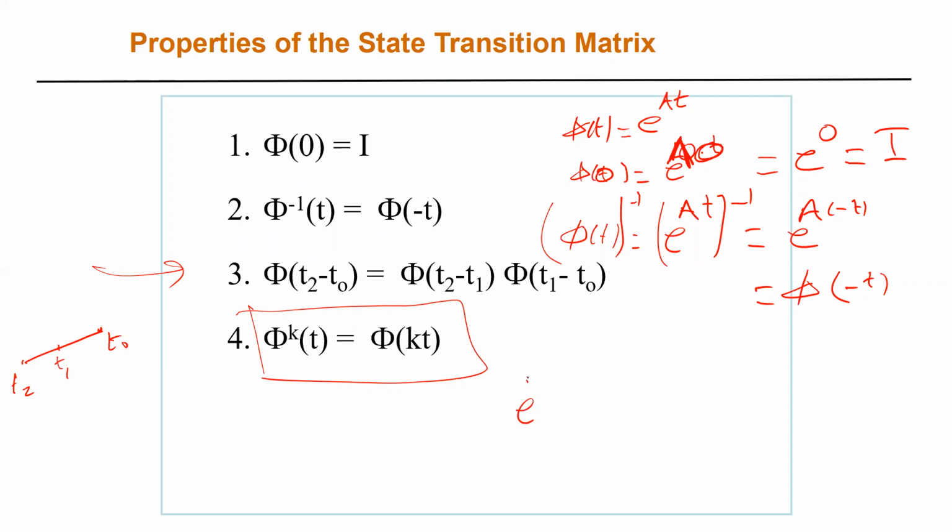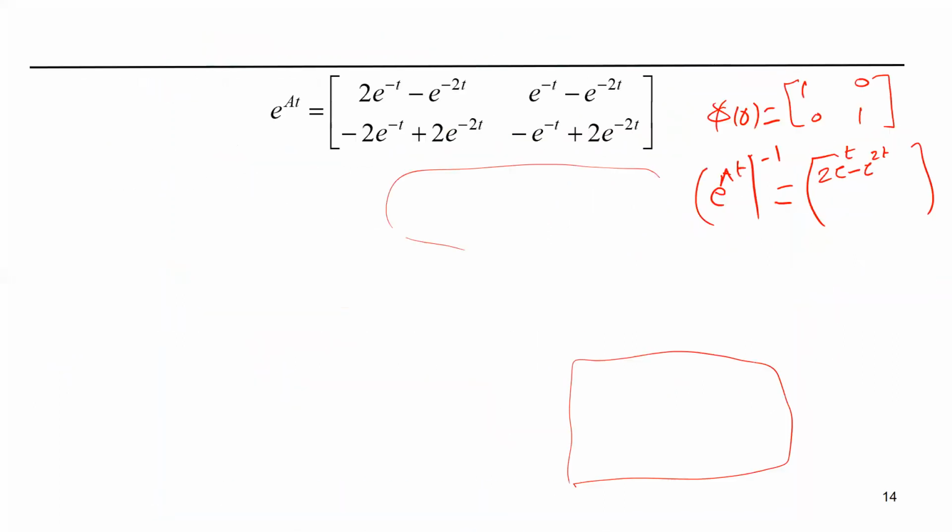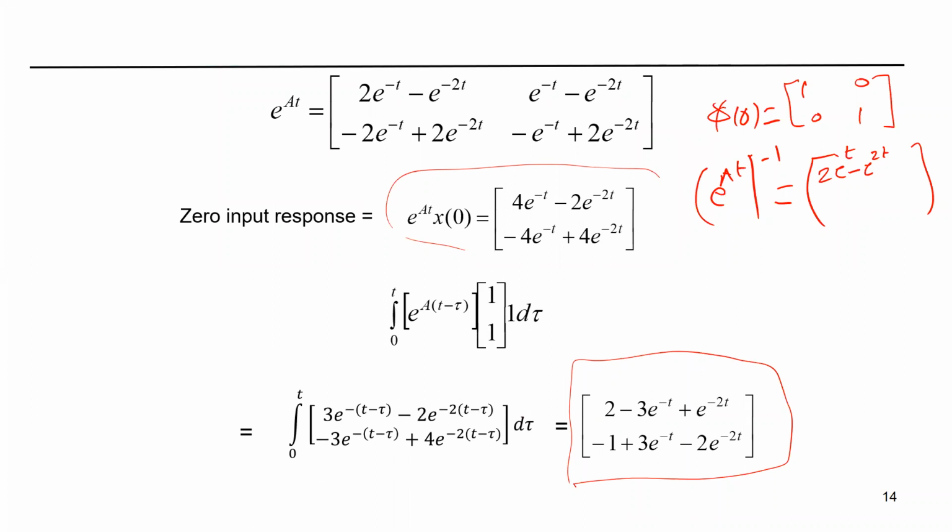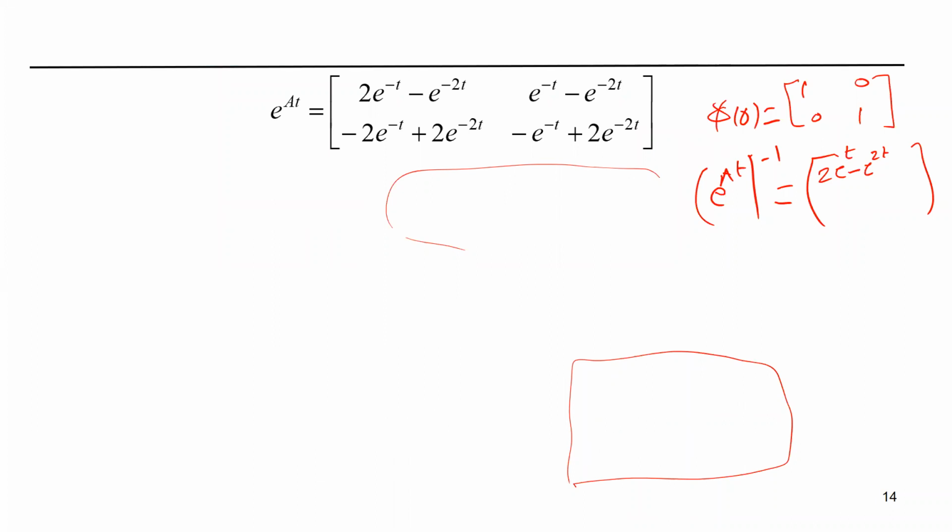That is, (e^(At))^k equals e^(A kt), which is equal to Φ(kt). If you want to find, let's say, e^(At) to the power 4, what do you do? You apply the exponent rule, which is e^(A·4t).